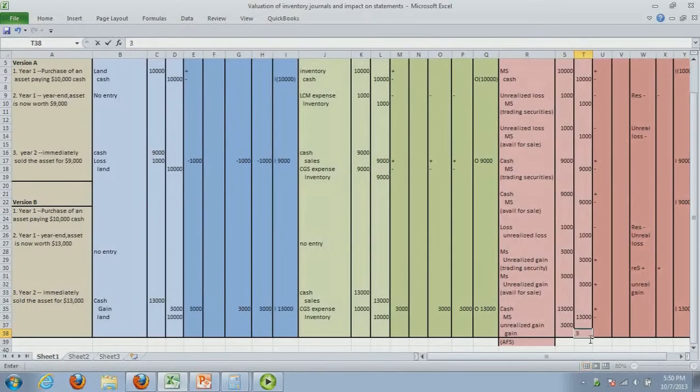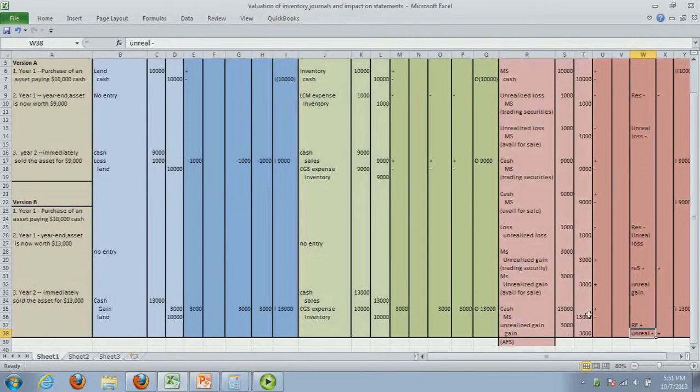So what we're really doing here is simply taking it out of the unrealized category. I'll just put unrealized. Take it out of there, and the realized gain will have an impact of going into your income statement and adding to it, and then your retained earnings will go up, so it'll offset.